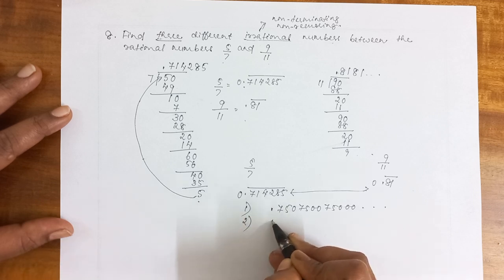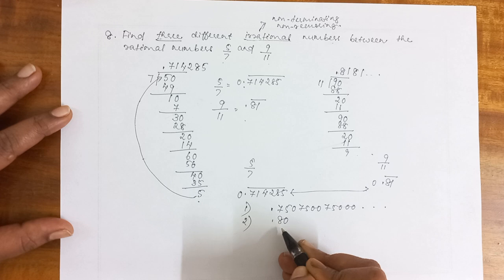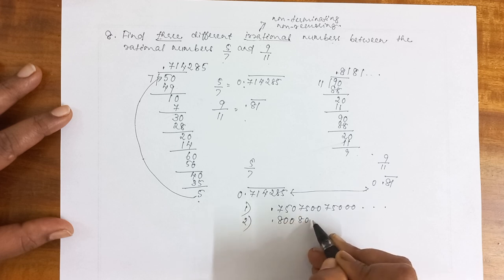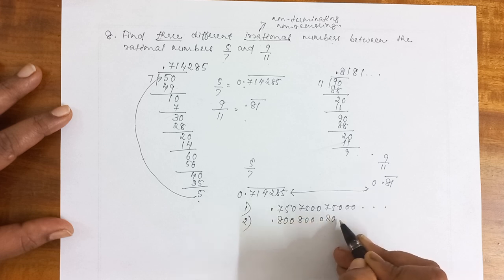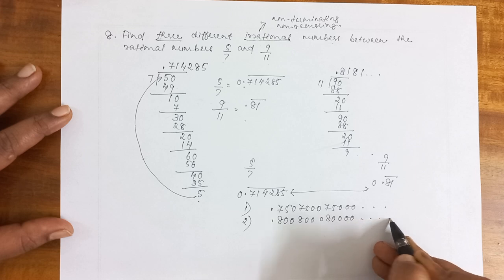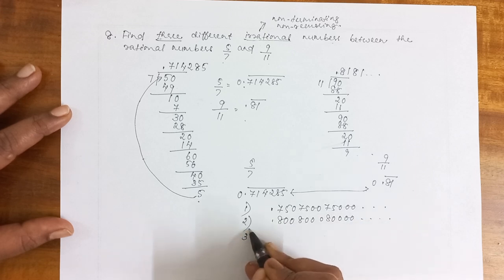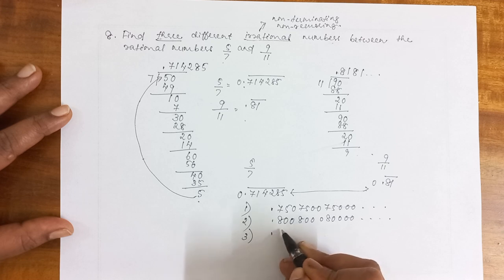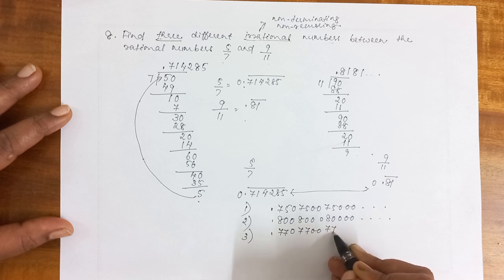Second is 0.80800800080000, like that. Third one, I have to write in between like that. 0.77077007700 like that, isn't it?